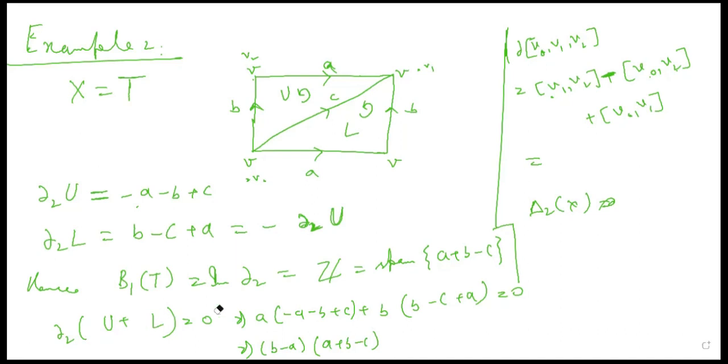We cannot use a and b, so maybe p and q we can use. P here, q here. So q minus p equals 0. So this is 0 implies p equal to q, right? Because A plus b minus c is not 0, of course. So this will have to be 0.